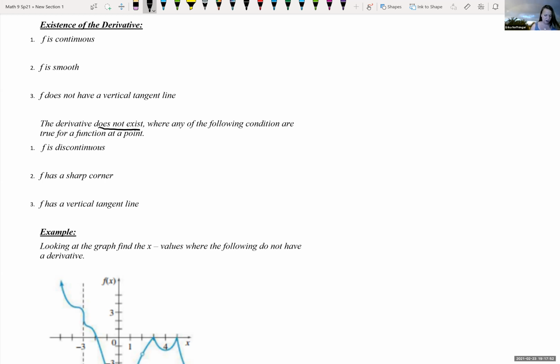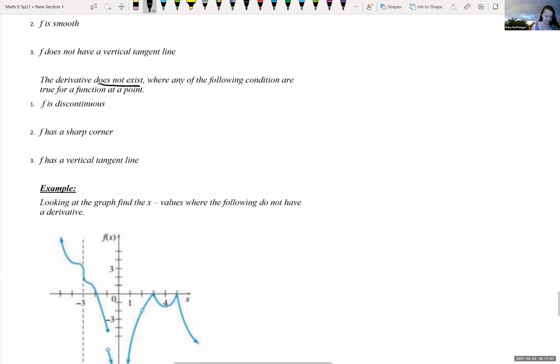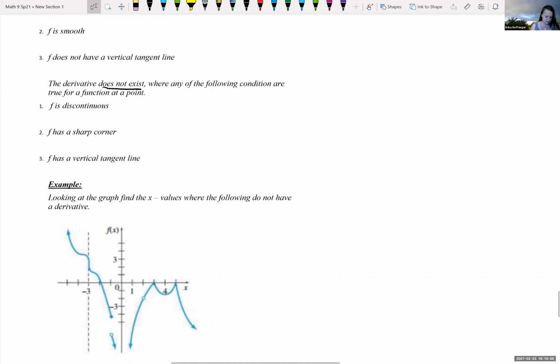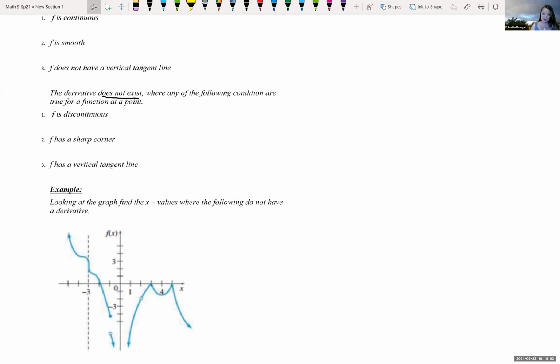So looking at the following graph, you should be able to determine the values of x where this function is not continuous. I'm sorry, you should be able to tell where it's not continuous, but you should also be able to tell where the derivative does not exist. So maybe that should be two different questions. Find and show where f of x is discontinuous.